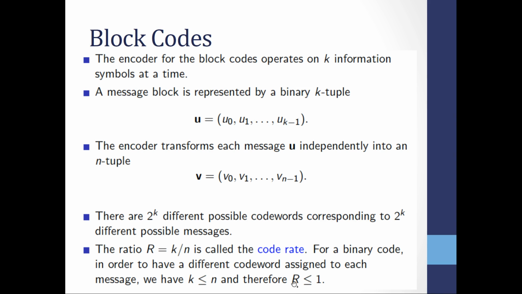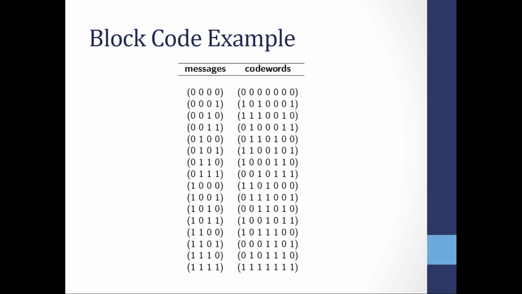If R is equal to 1, this means that the length of the encoded sequence is the same as the length of the message itself, and we say that the information rate is the same for the message and the encoded sequence. Now let's put this into action and take an example.